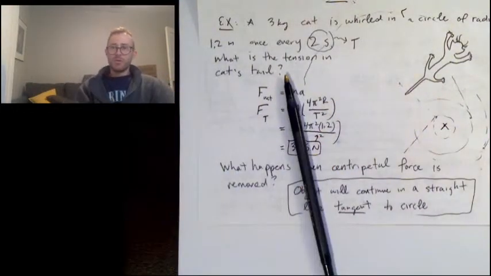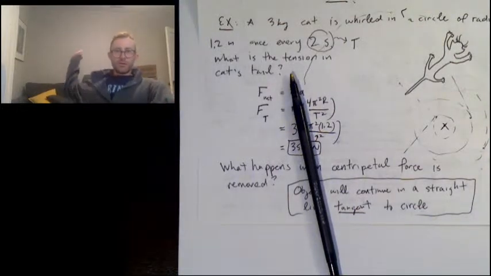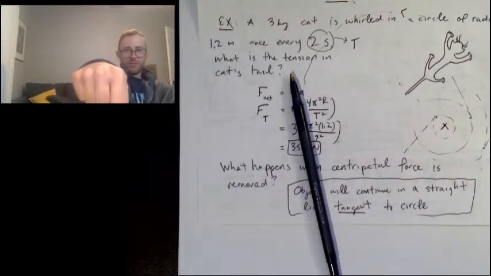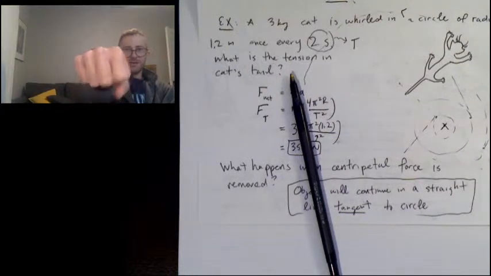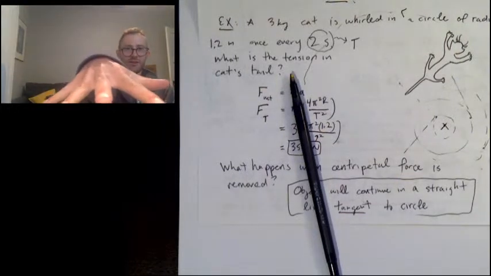Think about if you're throwing a ball. Where do you release the ball? The ball is basically going in a circle, right? Do you release the ball when your fist is pointed directly at the target? What would happen if I threw it and let it go right here?